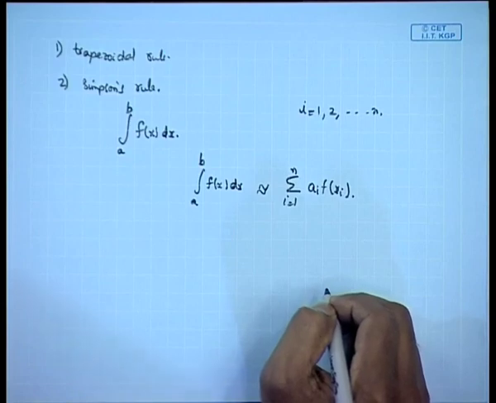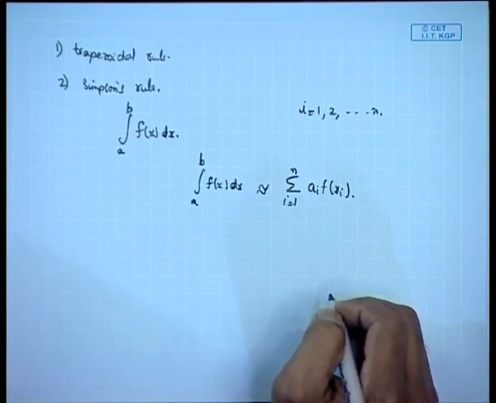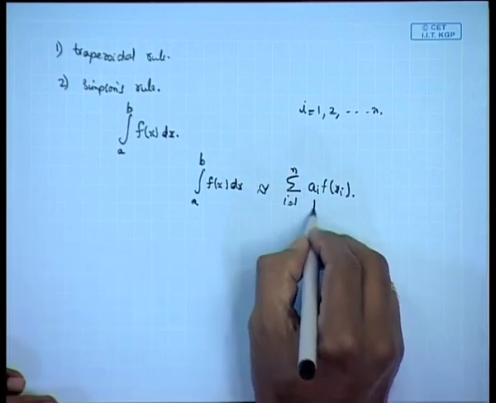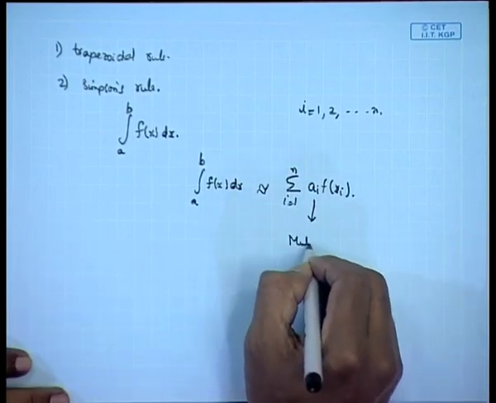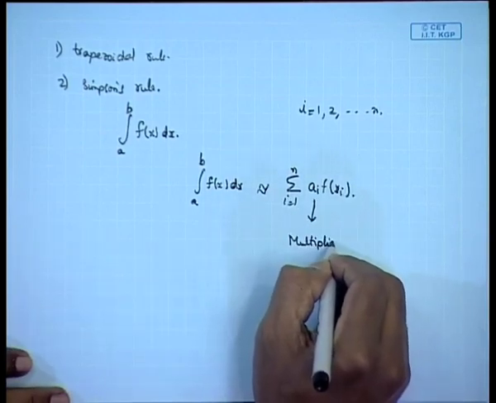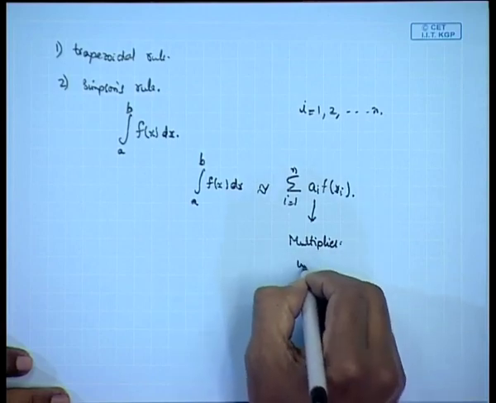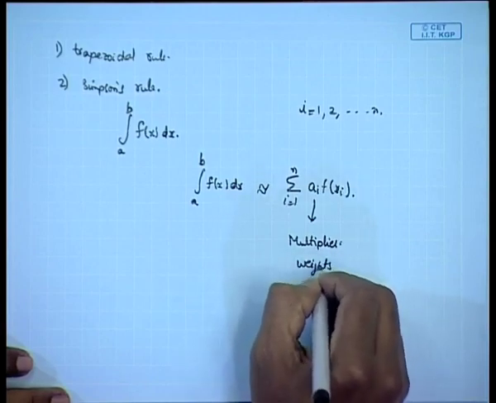We will see how this is done, that is, how you get this a_i f of x_i. Here a_i is known as a multiplier, and in some mathematics books they are called weights.